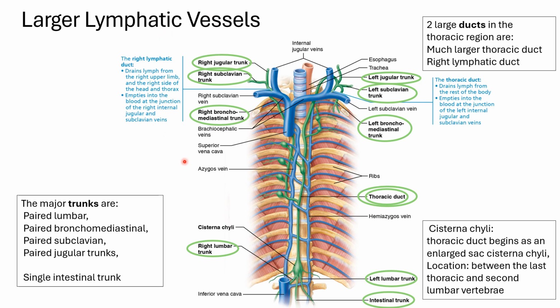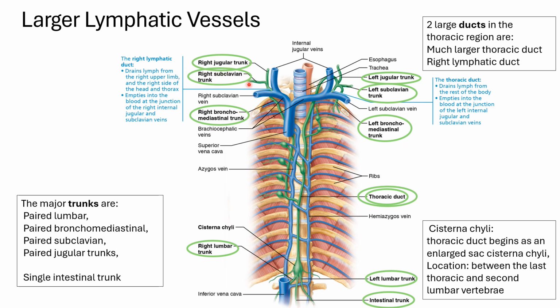Then on the right side we have the right lymphatic duct. So the right lymphatic duct has the right bronchomediastinal trunk draining into it, then the right subclavian trunk, and the right jugular trunk, just like on the left side they were draining into the thoracic duct.